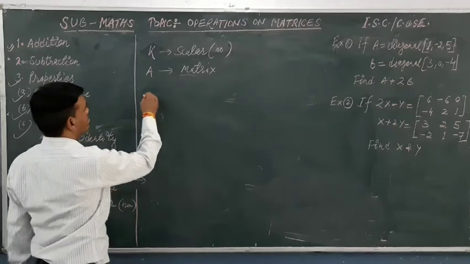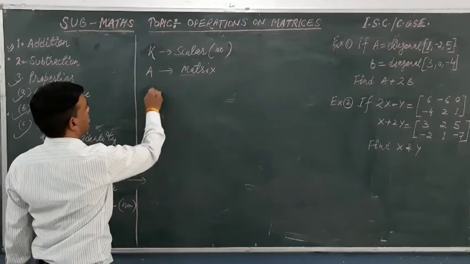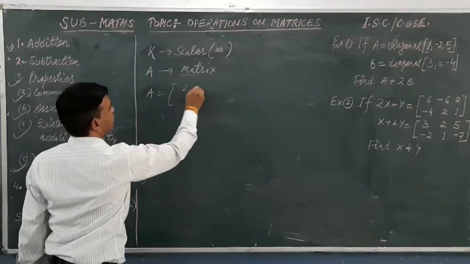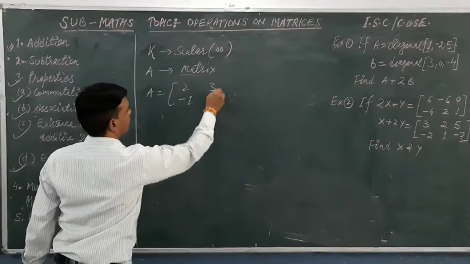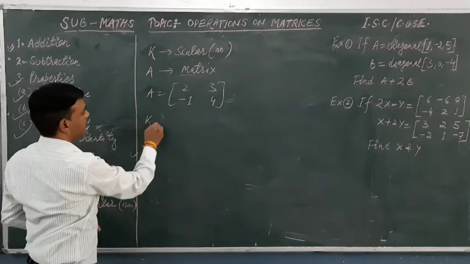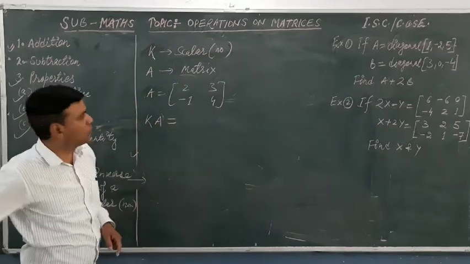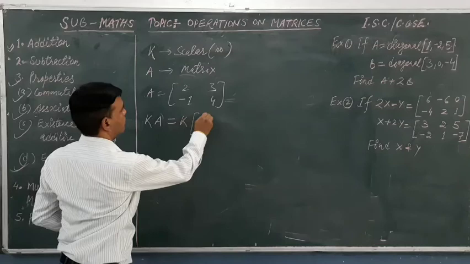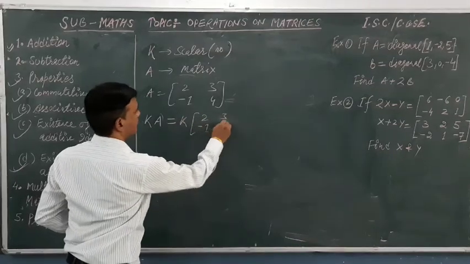For example, let a matrix A equal to 2, 3, minus 1, 4. If I multiply this with a scalar K, where K is a number, then I will get KA equal to K times 2, 3, minus 1, 4.